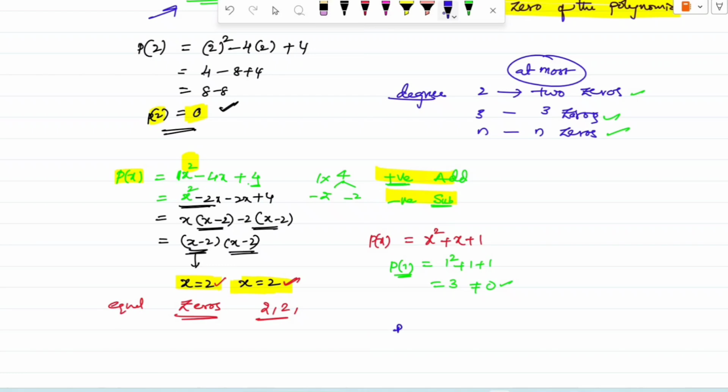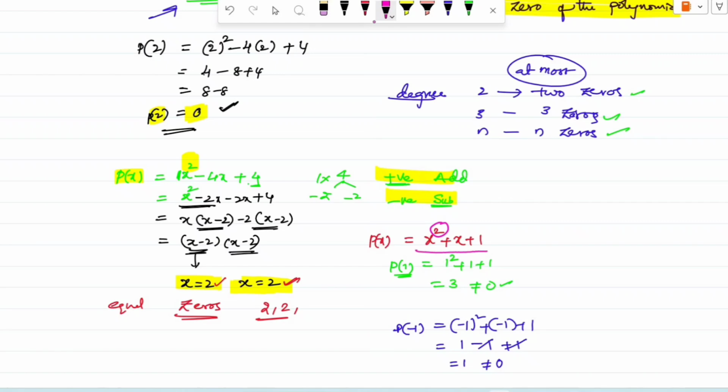Similarly, let's try p of minus 1. Minus 1 whole square plus minus 1 plus 1: minus 1 square is 1, plus minus 1 is minus 1, plus 1. Both cancel and it leads to 1, which is also not equal to 0. But we said that if the degree is 2, the number of zeros is 2, no?